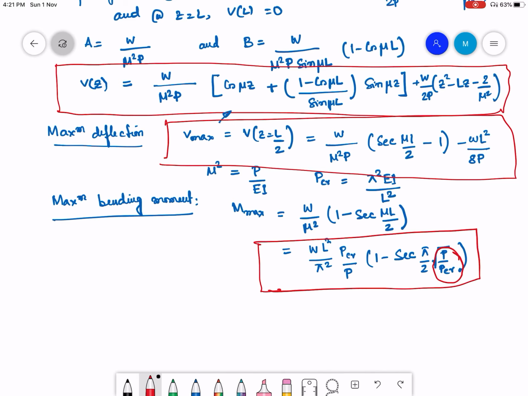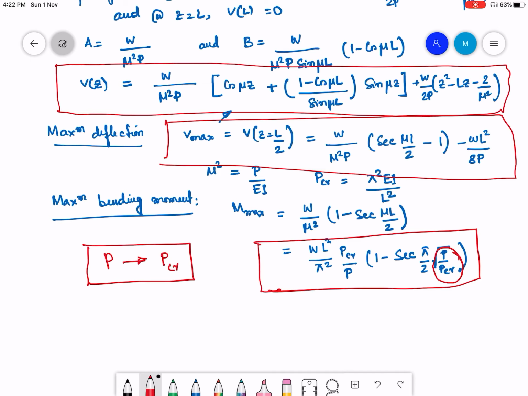Because M max is directly proportional to the curvature of the beam, the beam will undergo large deformation as the applied axial compressive load approaches the critical load for the column. Let me try to reiterate this a bit.